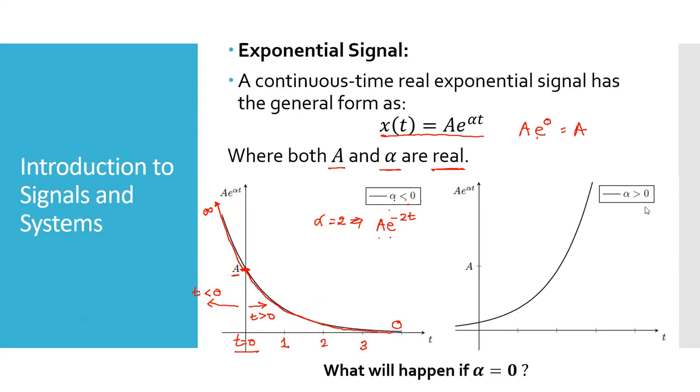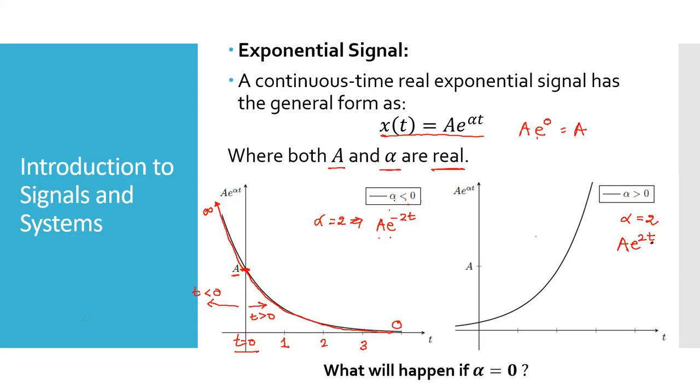Similarly, if alpha is greater than 0, let us say alpha is equal to 2, so you have a e raised to 2t.